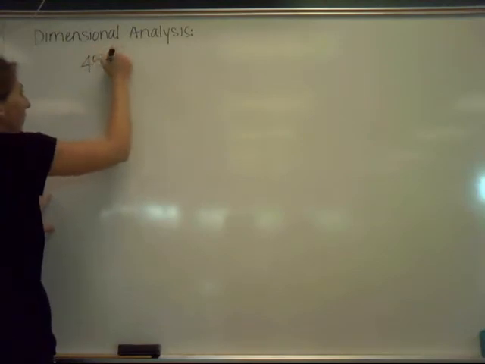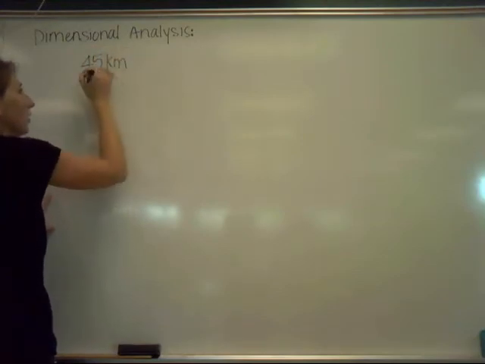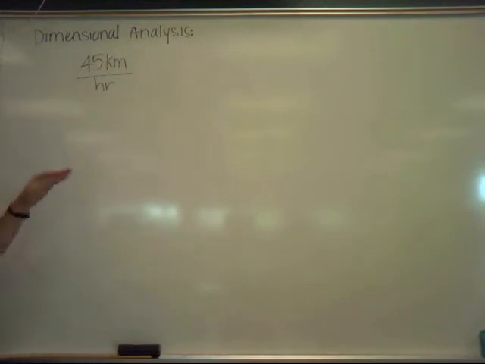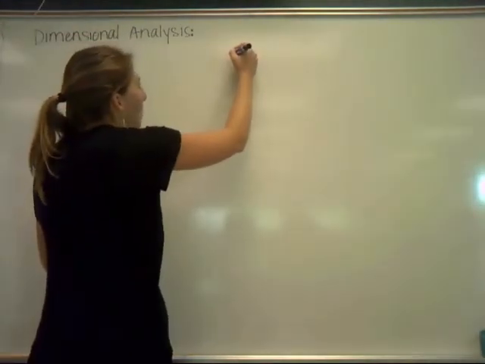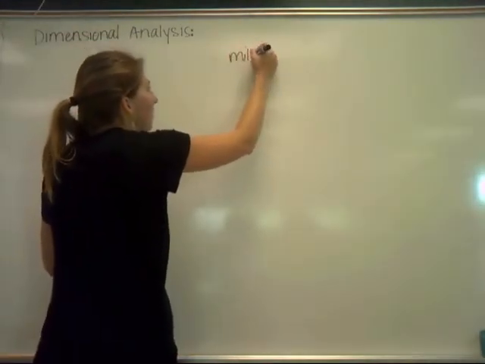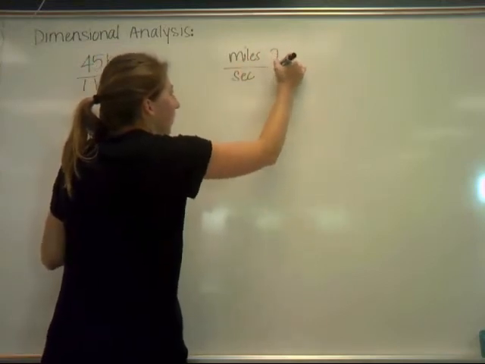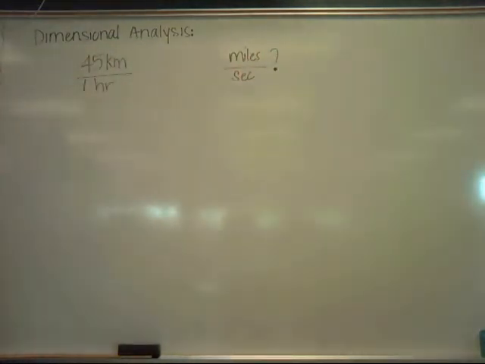I drove 45 kilometers in 1 hour on my way to work this morning. Okay, I wrote it like this because there are 45 kilometers in 1 hour. Okay? Now, I want to know how many miles per second. I wrote it like that.